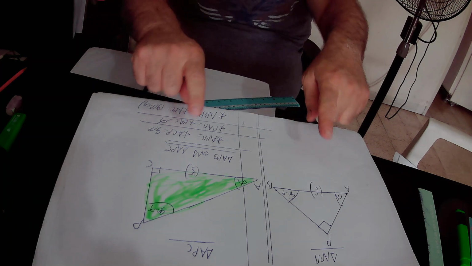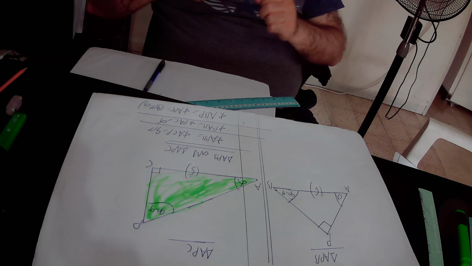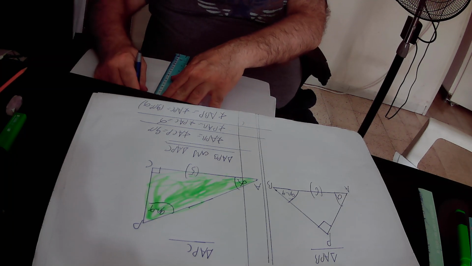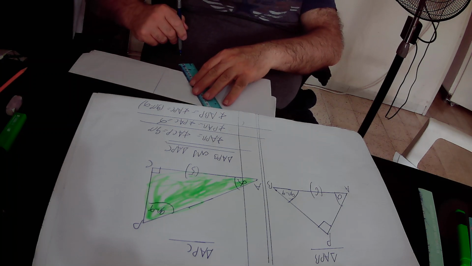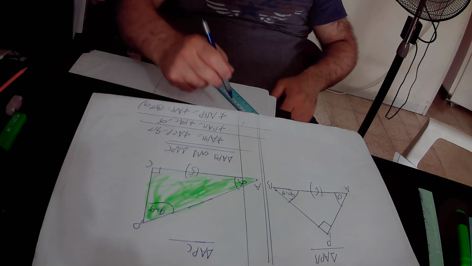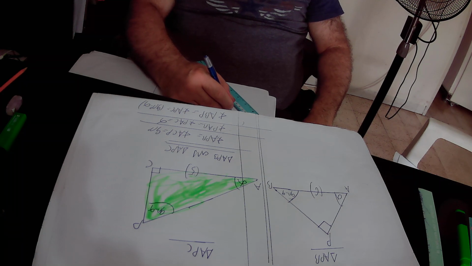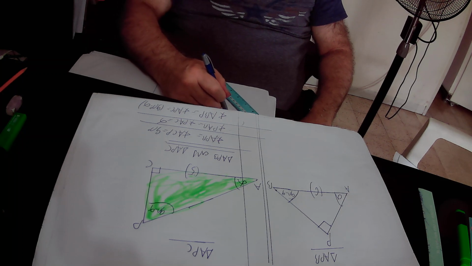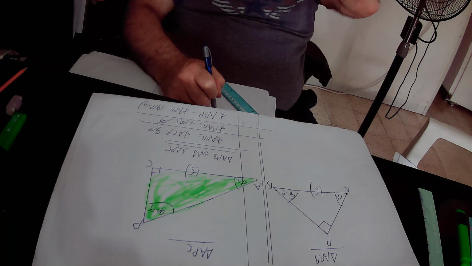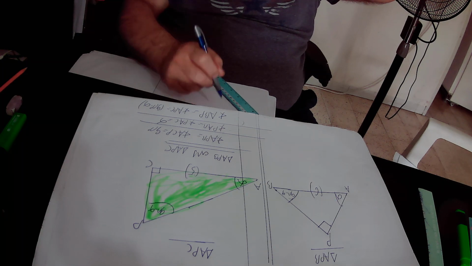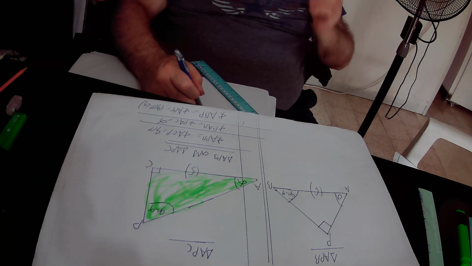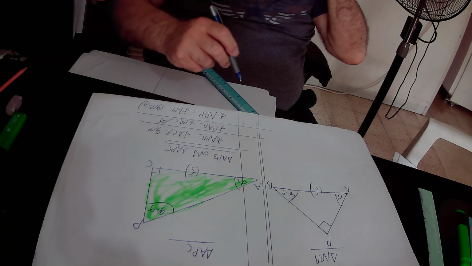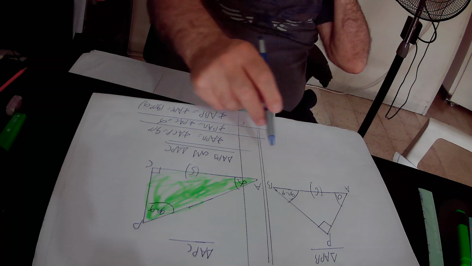And for the fact that those two right triangles are similar to each other, we derive that the following relationship exists between their sides. We derive that side AC in the green triangle over side AP in the white triangle equals side AP in the green triangle over side AB in the white triangle.